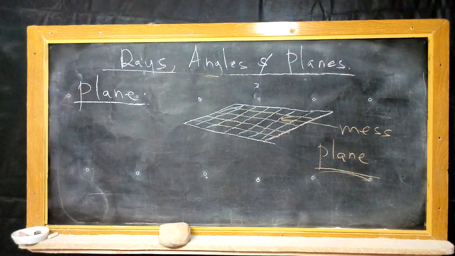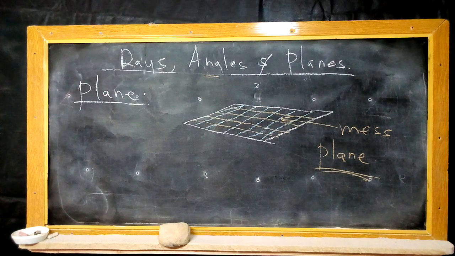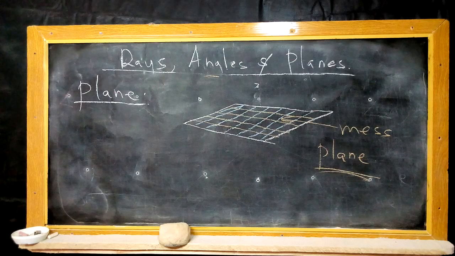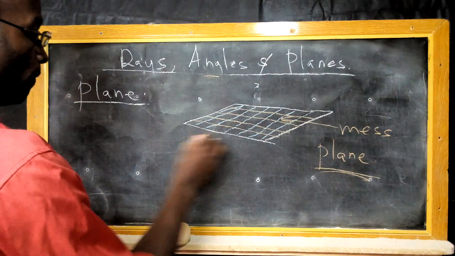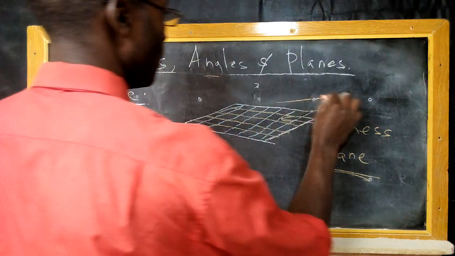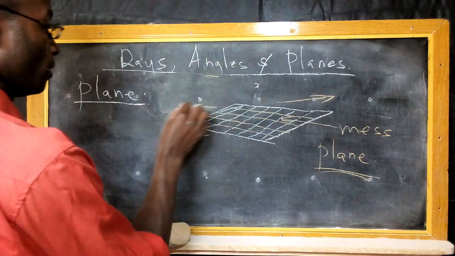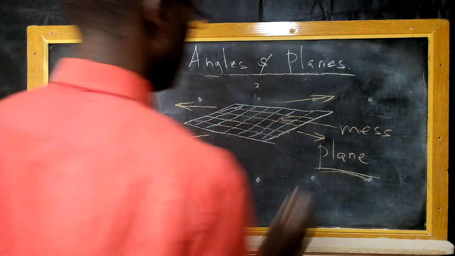So by definition, a plane is a large flat region that goes infinitely in four directions. You can see that this one can go this way, and opposite that one, and in this direction.